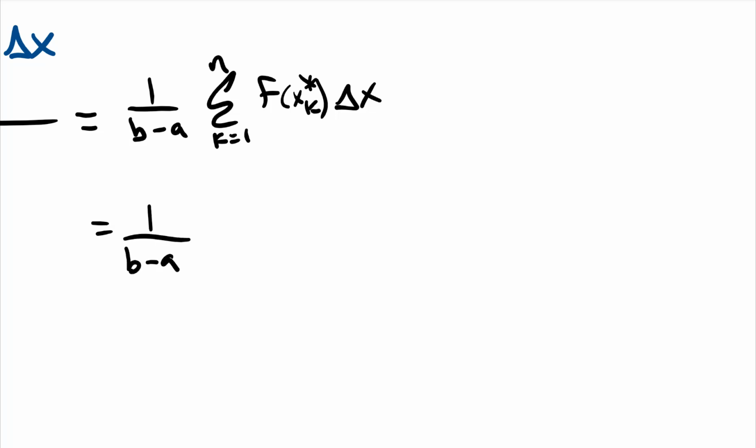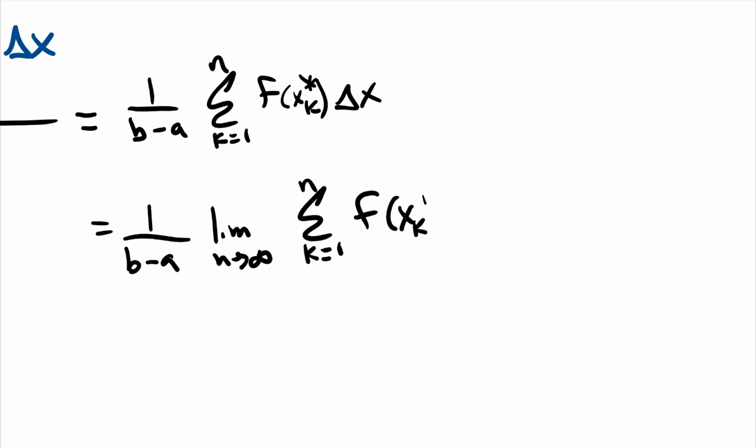Let's make infinitely many. So let's take the limit as n goes to infinity of the sum from k equals 1 up to n of f of x sub k star delta x. We must know this.